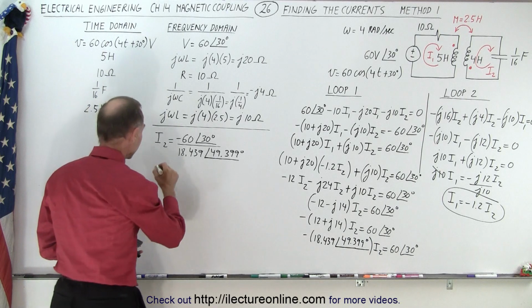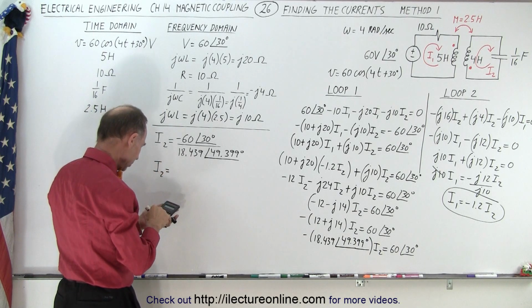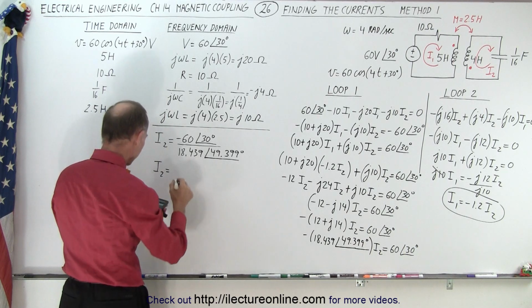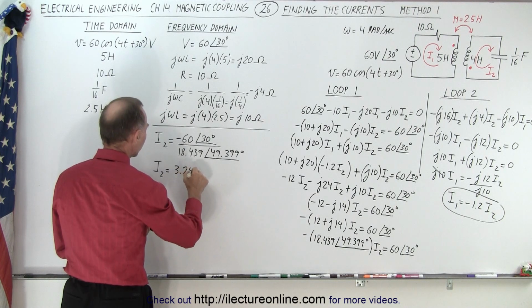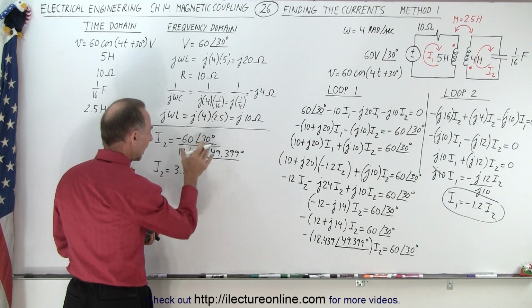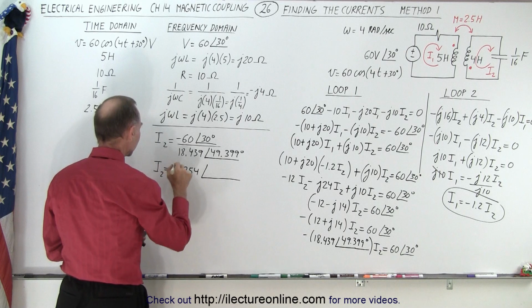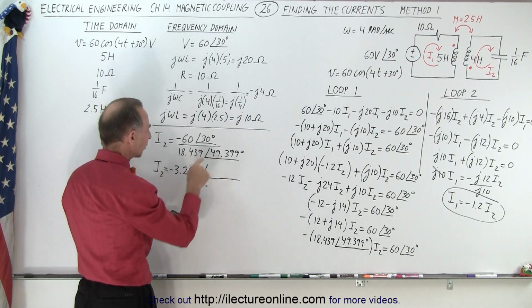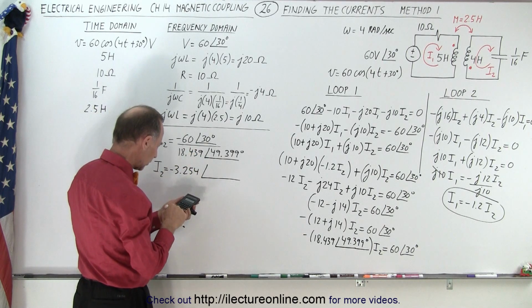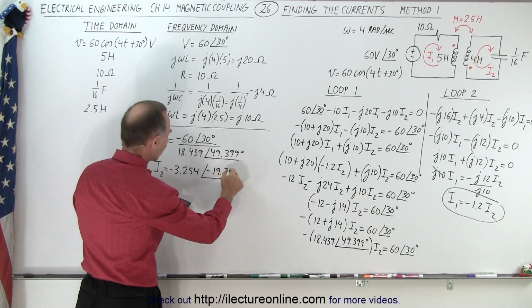Okay, so that means that I2 is equal to 60 divided by 18.439, and I get 3.254. That's the maximum current. And the phase angle, let me still put the negative in there so don't forget about the negative. So 30 minus 49.399 gives us a minus 19.399.